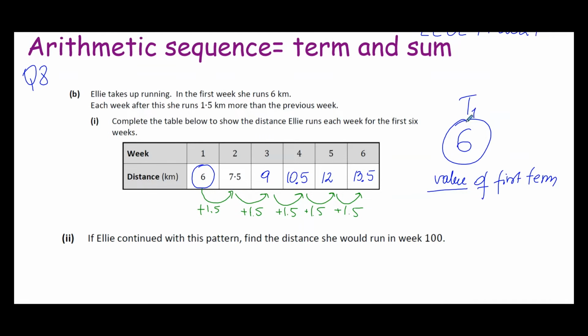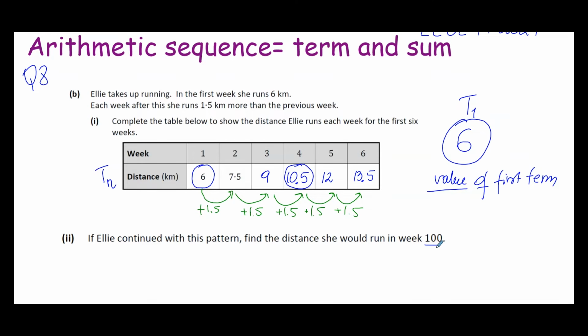It stands as first. So if I'm looking, let's say, at number 10.5, on one side, that means the value of the term is 10.5. And on the other hand, it as well means that it's the fourth in that particular sequence. Okay. So we have to find the distance she ran, so that's my Tn, in week 100.